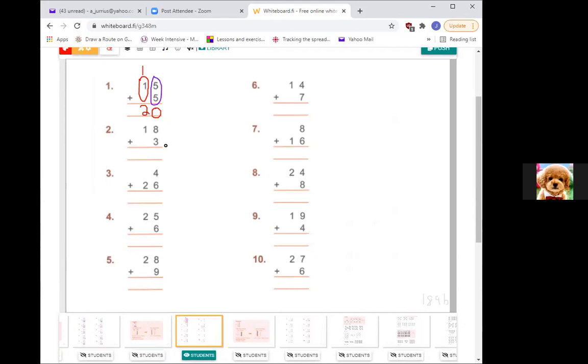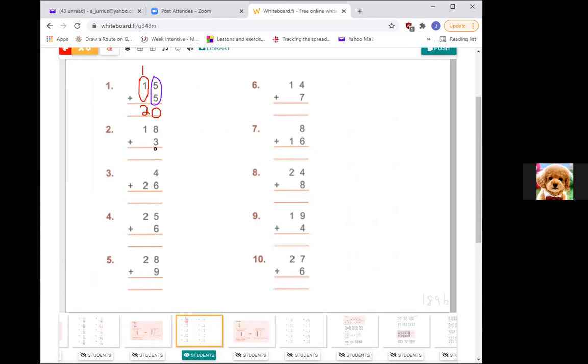Alyssa, can you do number 2 with me? Okay. So we're going to add the ones column first. What are the numbers in the ones column? 8 and 3. What does that give you? 8 plus 3? Oh, I mean, sorry.